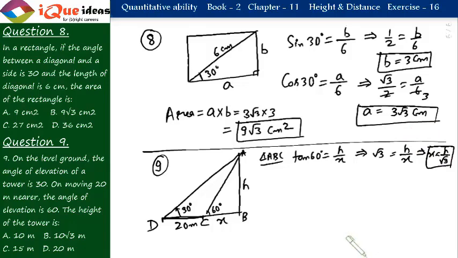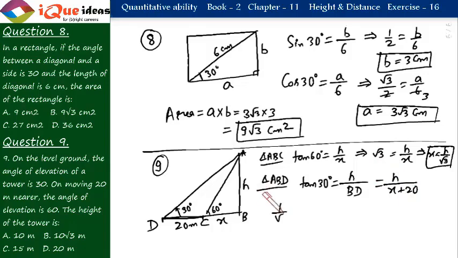Now from the triangle ABD, tan 30 degrees is equal to the opposite side, that is H, divided by the whole base. The base will be BD, which is X plus 20. Now tan 30 degrees is 1 by root 3, that is equal to H upon X plus 20.